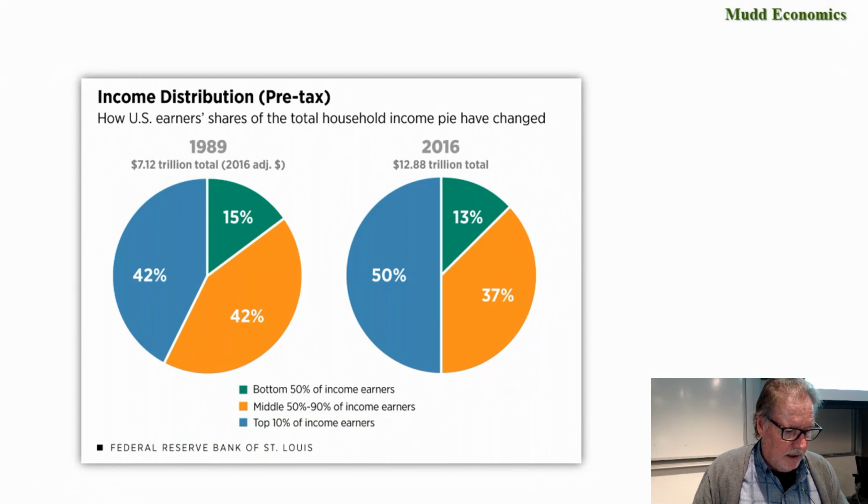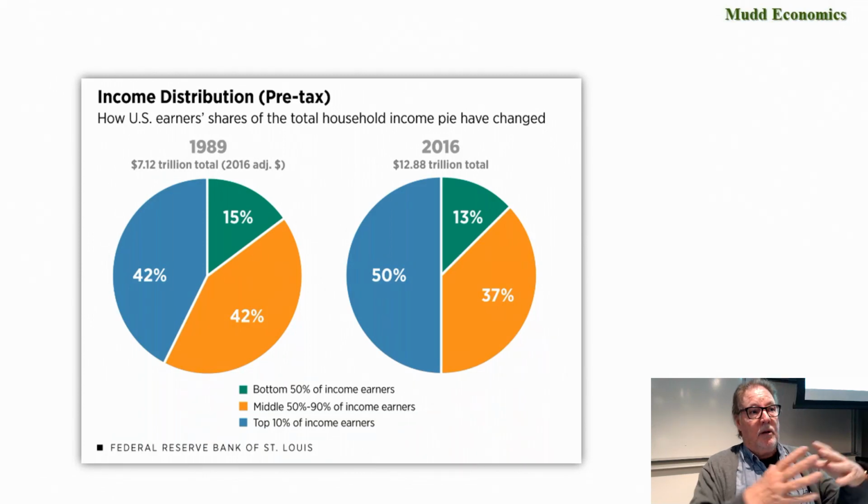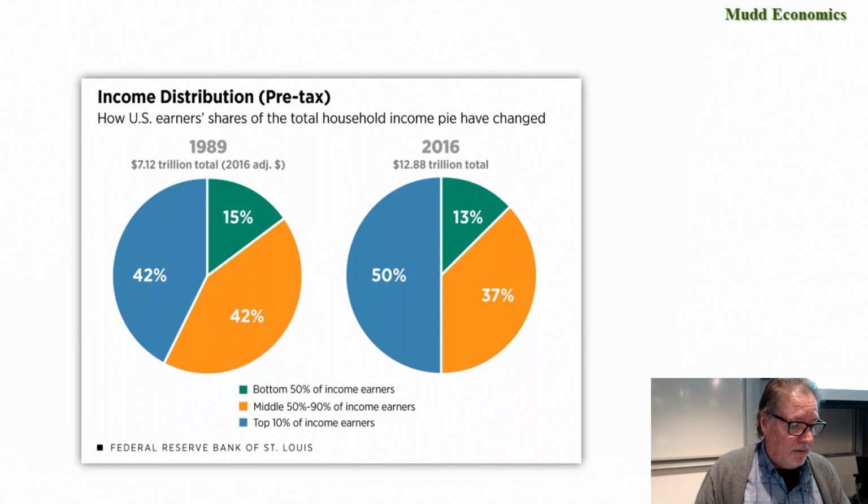Let's take a look at income distribution, 1989, pre-tax, 2016. Again, the top 10% of income earners in 1989 took 42% of the total income, whereas in 2016, 50% of the income. So there's been a big increase in their slice of the pie.